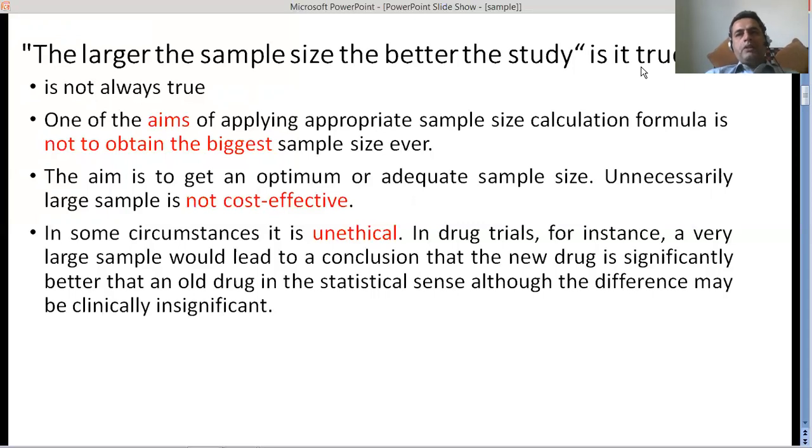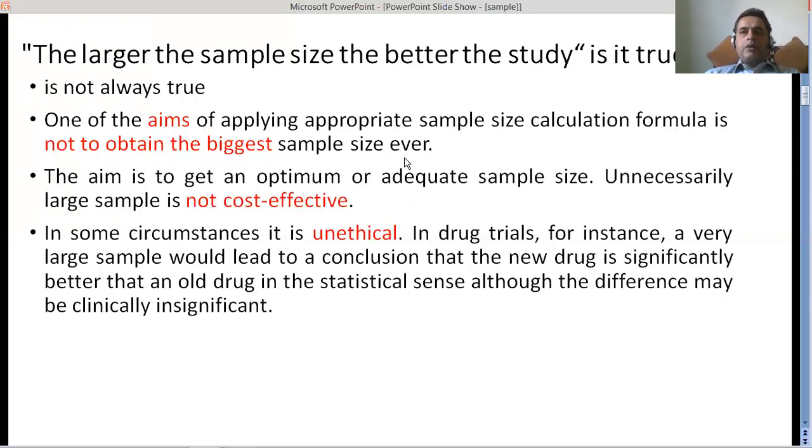Many people have this misconception in their mind that by increasing the number of samples, they can increase the authenticity of the study, or they would come up with more authentic data about a particular condition. But this is not always true. It may not be true in certain conditions, because, for instance, one of the aims of applying an appropriate sample size calculation formula is not to obtain the biggest sample size ever.